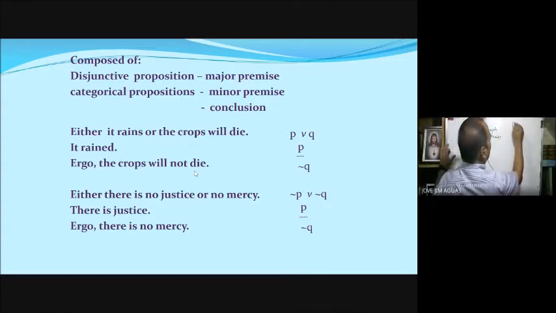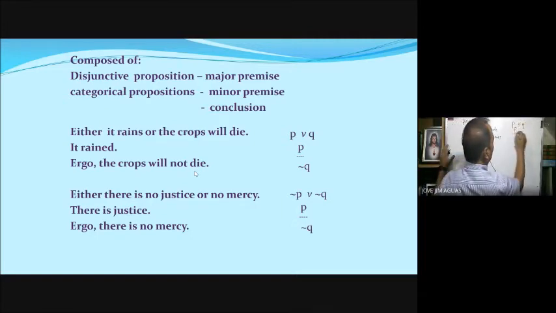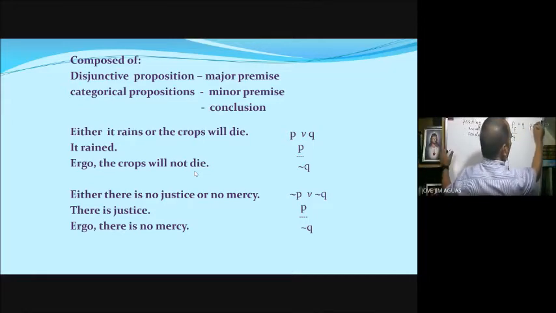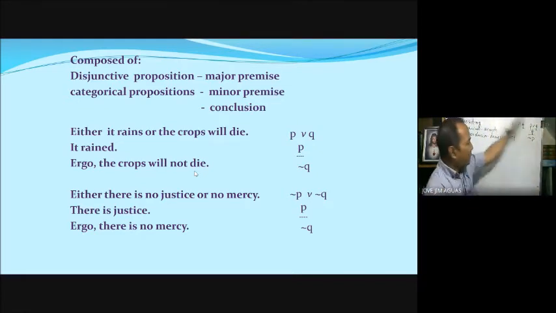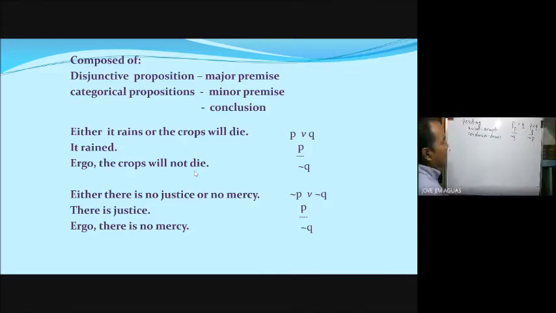So P or Q, minor accepts P, therefore not Q. Or it can also be P or Q, then not P. Okay, so see here, minor accepts, conclusion denies.